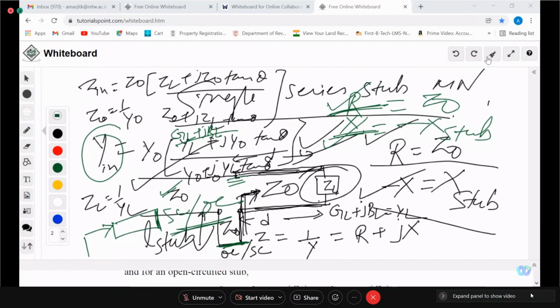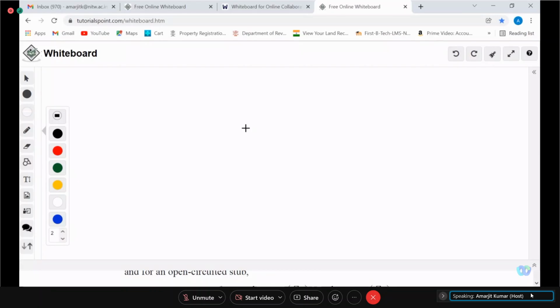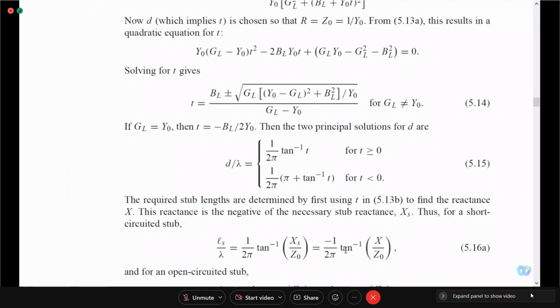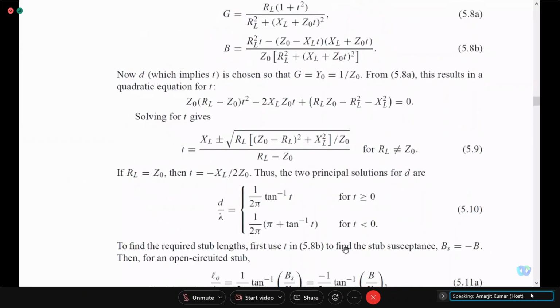So now using the Smith chart we have to solve it. And the double stub tuner we will do tomorrow.